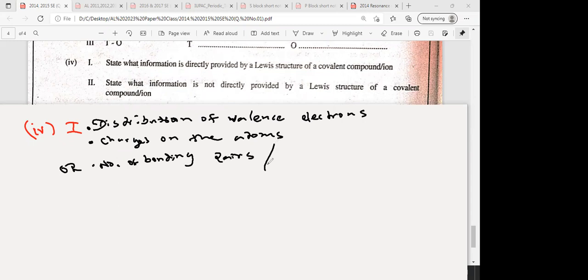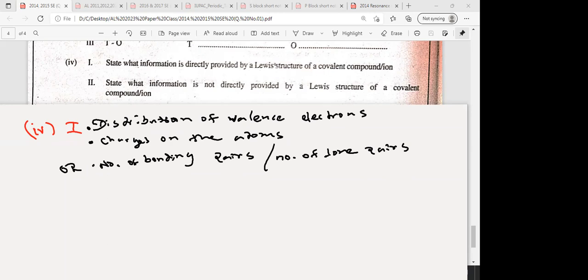By looking at the Lewis structure, you can tell the number of bonding pairs and the number of lone pairs. According to the Lewis theory, yeah, correct. Charges on the atoms, total number of bonding pairs, total number of lone pairs.